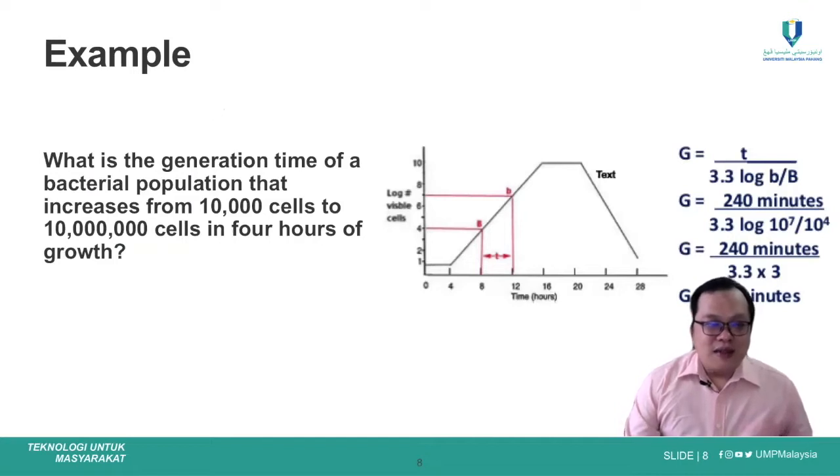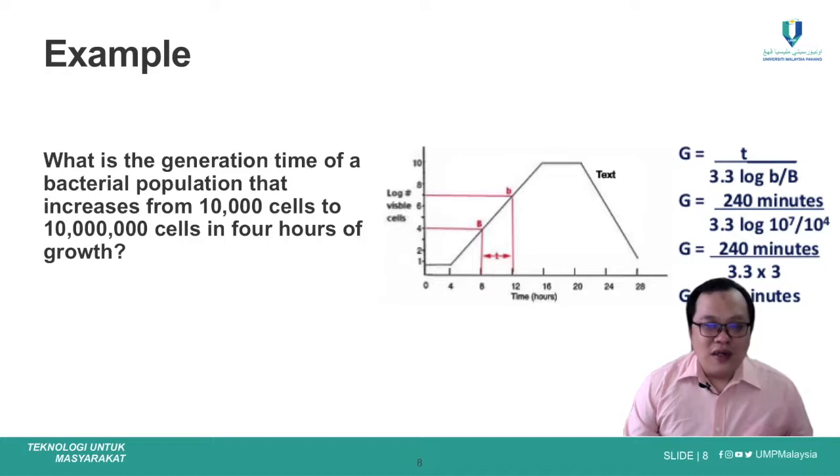For an example, using the formula g equals t divided by 3.3 log B divided by b, we are going to determine the generation time of a bacterial population that increases from 10,000, or 1 times 10 power of 4 cells, to 10 million cells, that is 1 times 10 power of 7 cells, in 4 hours of growth.